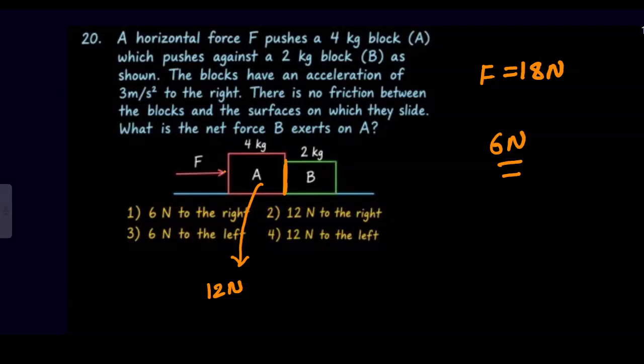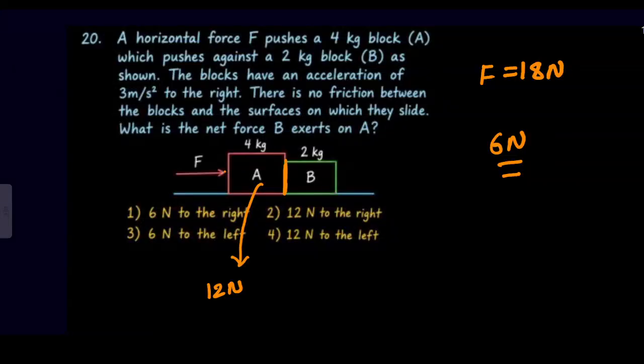This block applies a force on that block, and at the same time, that also applies a force on this one. What are they asking to find? How much force the B block causes on the A block? As much force as A causes on B, B also causes on A. But A causes in this direction and B causes in that direction.